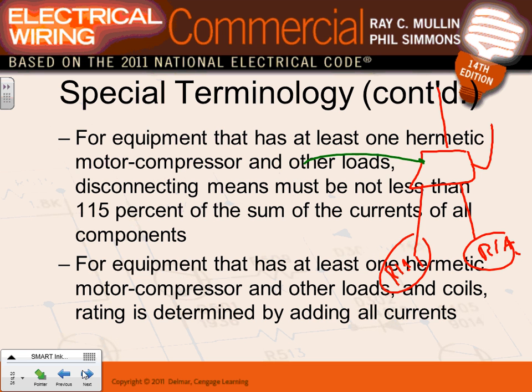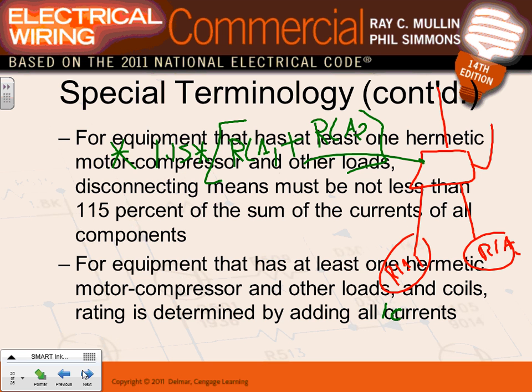The way they size them, they take 1.15 times rated load amp 1 plus rated load amp 2. See what they do? They add the amps and multiply them by 1.15. Very easy, piece of cake. That's the amp size.